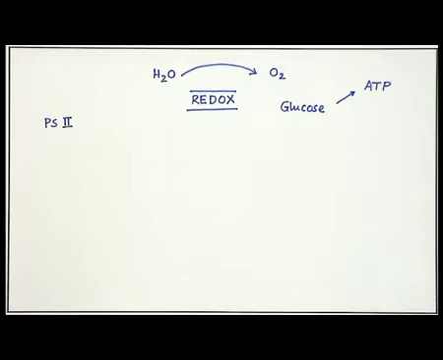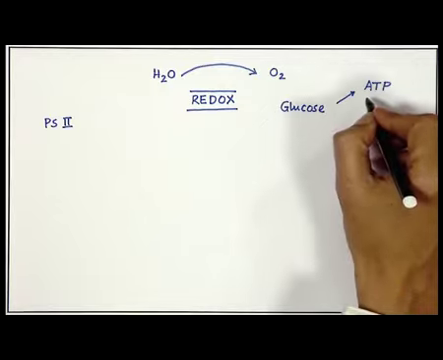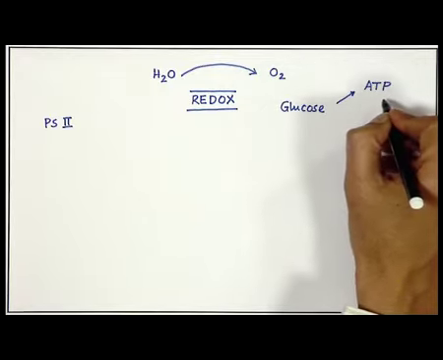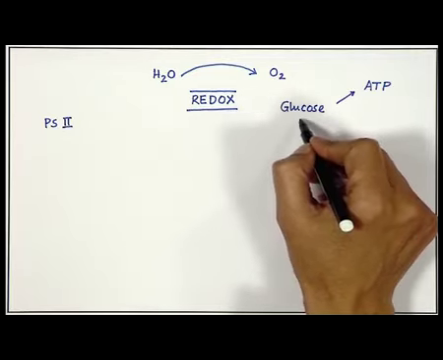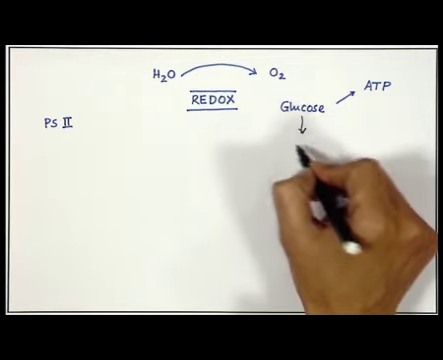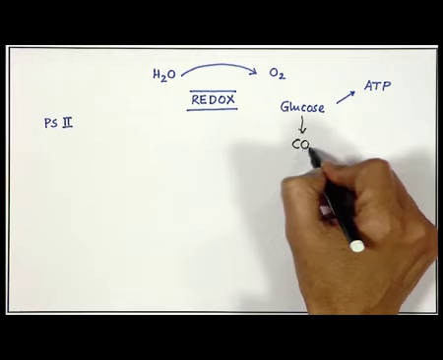And these ATPs are our energy currency for all living systems, including human beings. So, when glucose oxidation is taking place for the production of carbon dioxide and water, we all know.